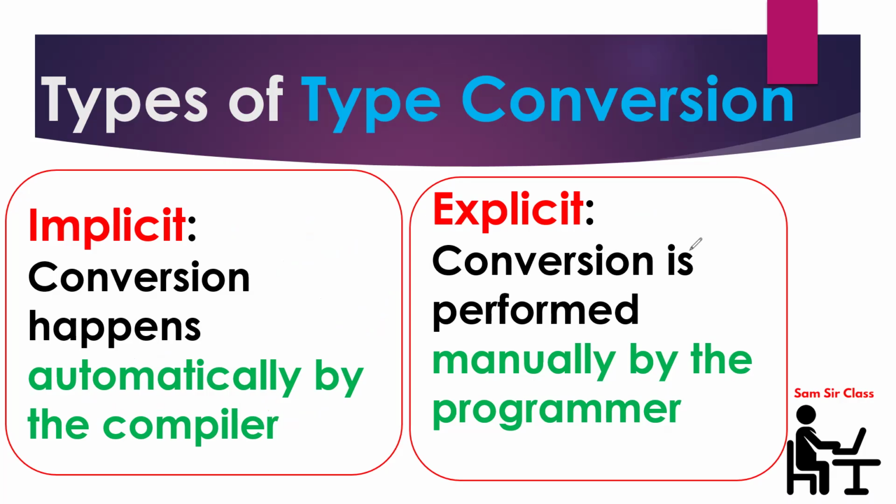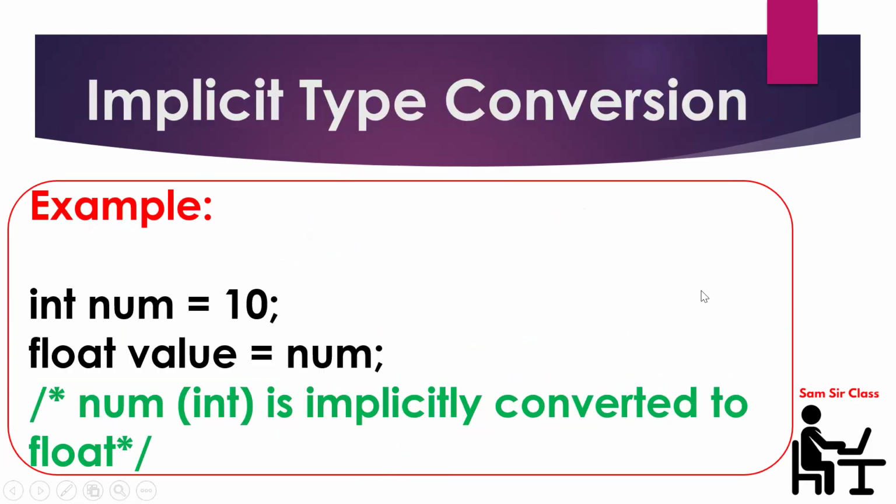Now in explicit type conversion, it is not done automatically. It is done manually by the programmer. The programmer will do the conversion as per our requirement. We'll see through the example. So first of all comes implicit type conversion. The best part is it is done automatically.